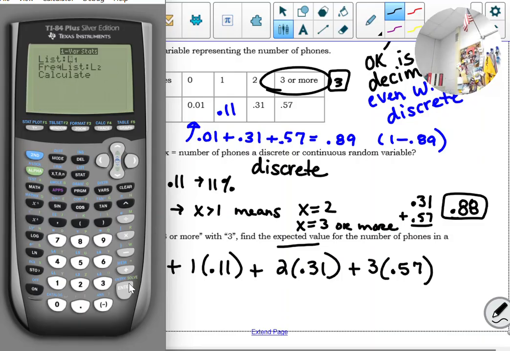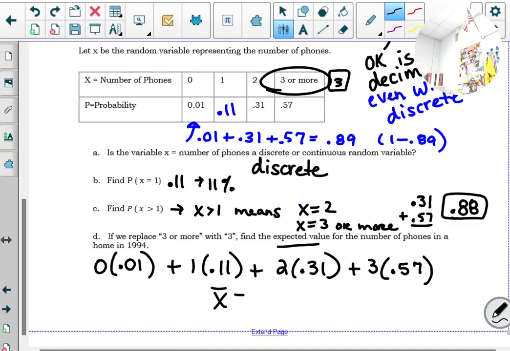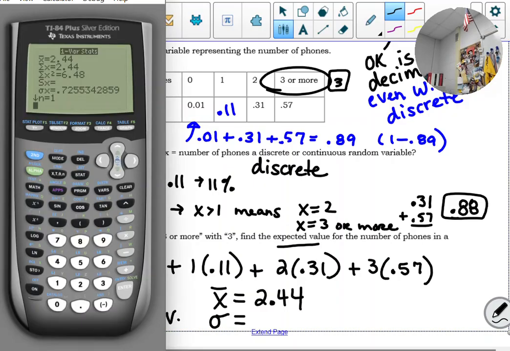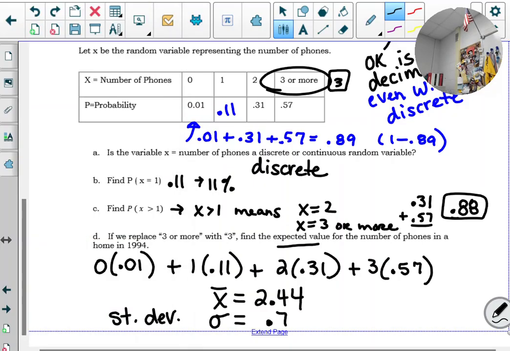If you just have L1, it's just going to do L1 work. If you have L1 with a frequency L2, then it'll do this kind of average that we're doing. And we would see we're going to expect an average of about 2.44 phones per home, with a standard deviation, to give us a range, of about 0.73. Okay.